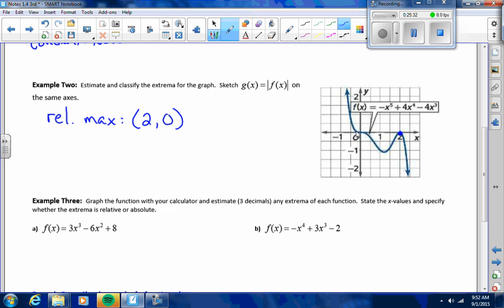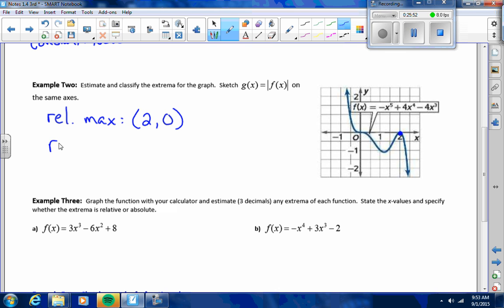It needs to be coming to a defined peak in order to be a relative max, or even a relative minimum. So there at 0, 0, where it's making that little curvature change, it's neither a minimum nor a maximum. Okay? So do we have any other maximums? No. Do we have a minimum?